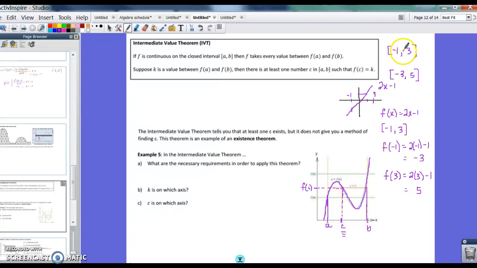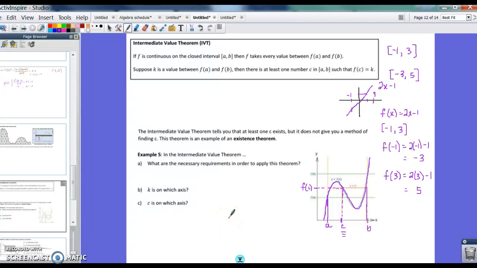Let's say I had 0 for x. If I plug 0 in here, this function is equal to -1, and -1 falls between -3 and 5. So as long as I choose a value between -1 and 3, my output is guaranteed to be between -3 and 5. That's what the Intermediate Value Theorem says.